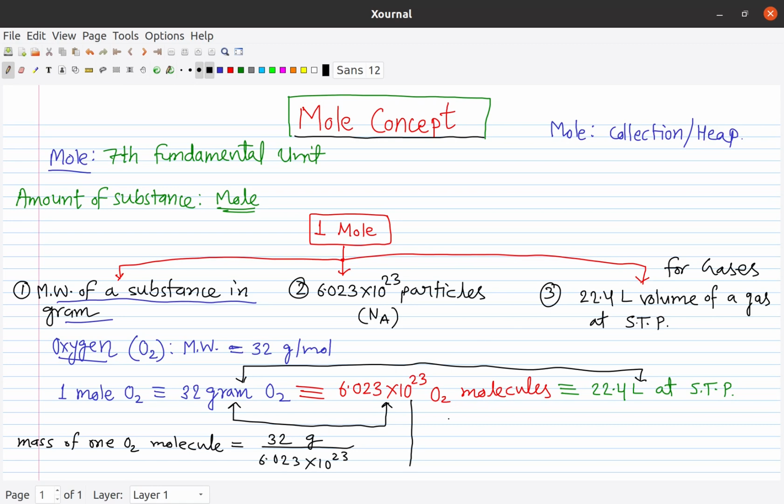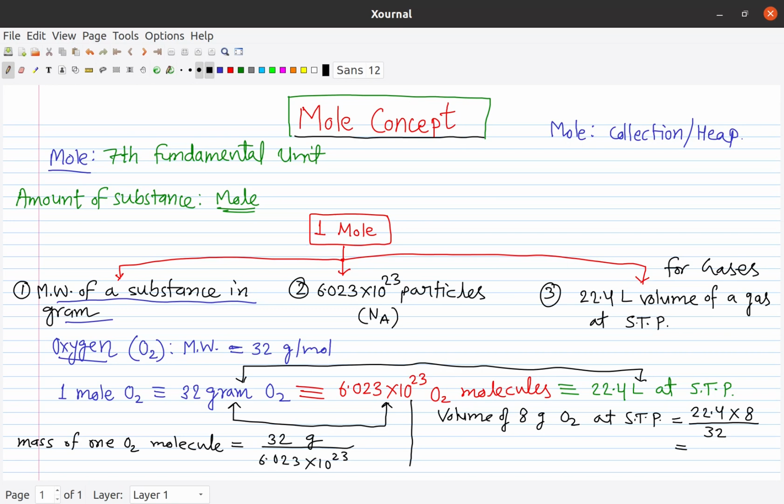Similarly, you can calculate with the second and last concepts together to form another question. Suppose the question is: what will be the volume of 8 gram oxygen at STP? This is also very simple. 32 gram of oxygen occupies 22.4 liters, so 8 gram of oxygen at STP will occupy 22.4 into 8 divided by 32.